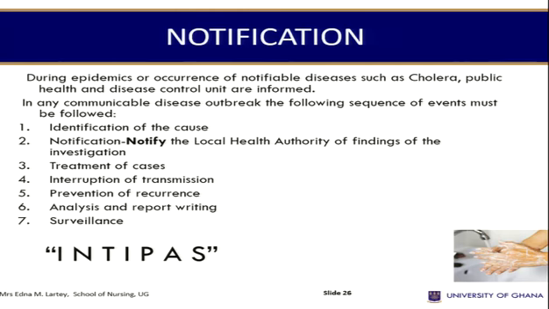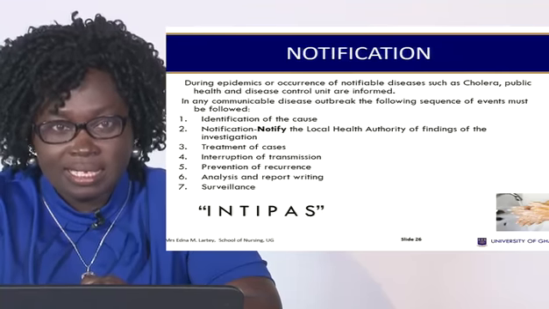1. Identification of the cause. 2. Notification. Notify the local health authority of findings of the investigation. 3. Treatment of cases. 4. Interruption of transmission. 5. Prevention of recurrence. 6.